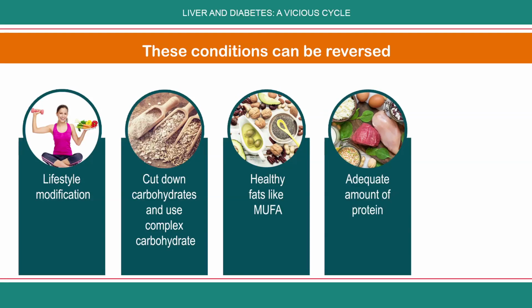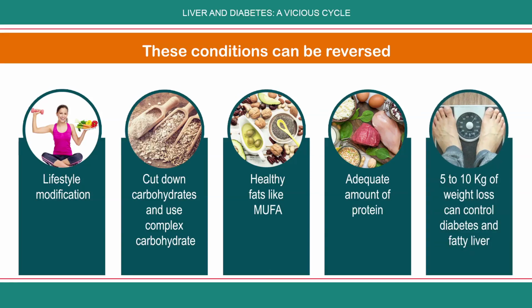Now, if you're able to reduce weight even by 5 to 10 kilograms, your diabetes will come down, the fatty liver will come down, and you'll start reversing all these processes which I told you can progress. You can also reverse it. In fact, I have seen people who just by 10 to 15 kilos of weight reduction are able to completely reverse their liver and also get rid of their diabetes at the same time. So it is very, very eminently reversible, and you're getting rid of 2 or 3 problems, 2, 3 mangoes with one stone, as they say.